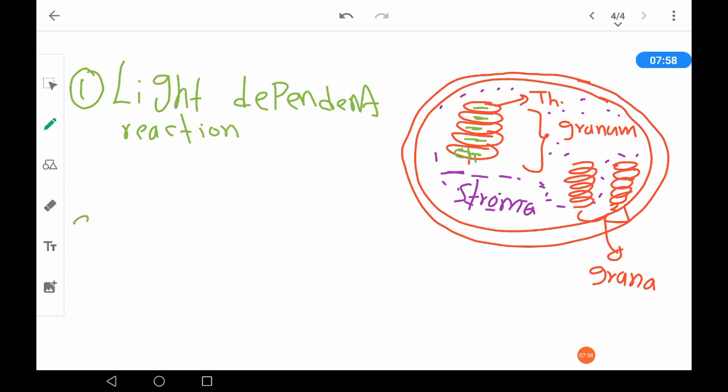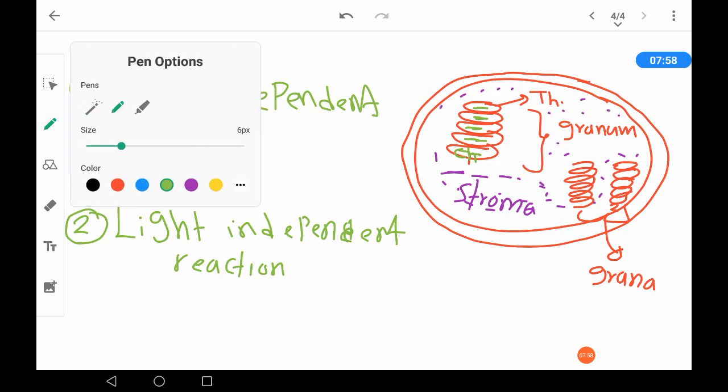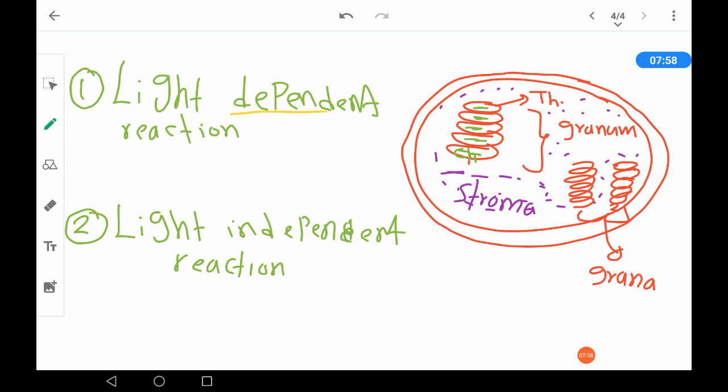The second part of the photosynthesis process we called light independent reaction, okay. The process of photosynthesis is made up of two reactions, or divided into two parts: light dependent reaction and light independent reaction. From its name, light dependent means depends on light.